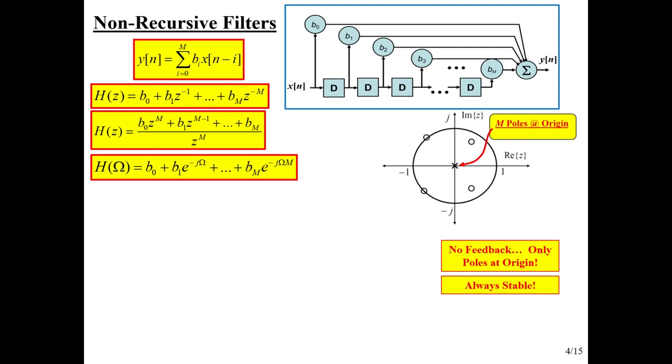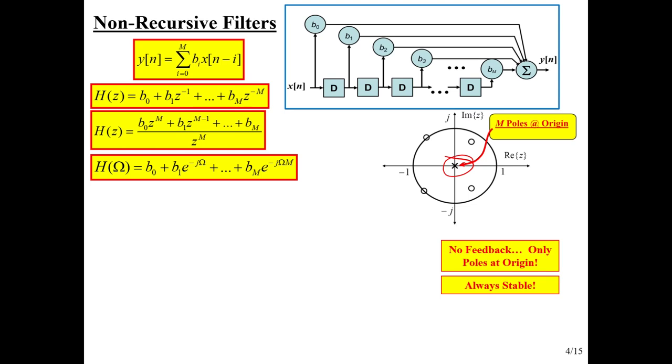So non-recursive filters, by their nature, are completely set by the location of their zeros. In fact, we can show mathematically that any pole or zero at the origin has no effect on the magnitude response of a filter, only affects the phase response.